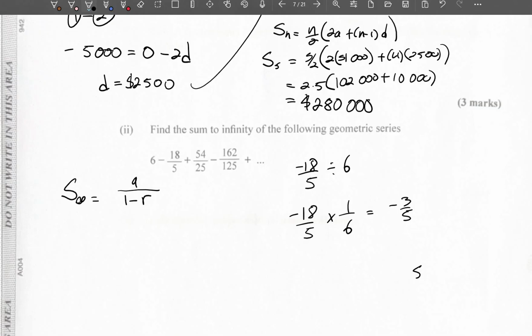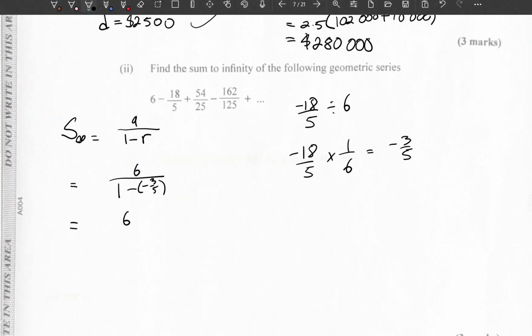Right, so we know what a is, we know what r is. Let's go ahead and find this sum. That's going to be 6 over 1 minus minus 3/5. Right, so that's going to be 6 over 1 plus 3/5. So that is 5 over 5 plus 3 over 5. That's going to give us 8 over 5.